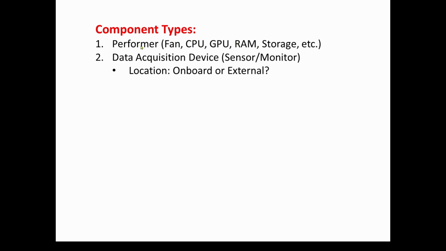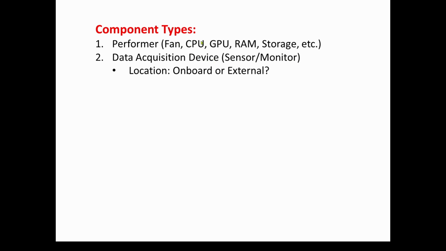Now, the second component type is what I call the data acquisition device. In the real world, those are used everywhere. In engineering and manufacturing, data acquisition devices are basically hardware and associated software that grab data from real-world equipment. And this is no different. You can also call it a sensor or a monitor, but basically it's a data acquisition device.